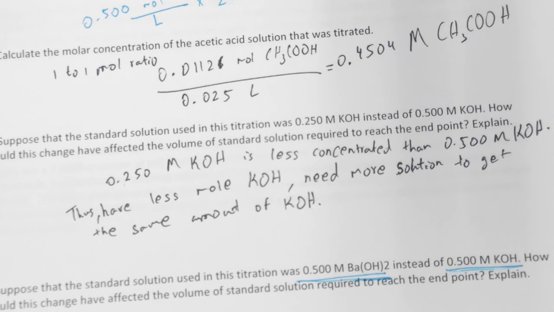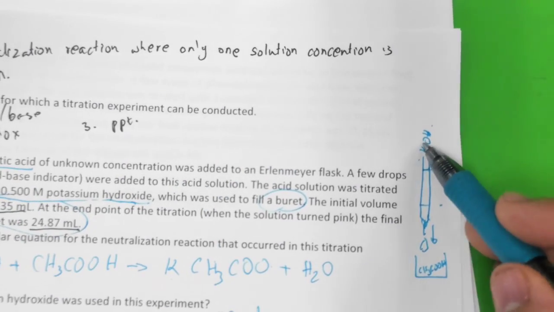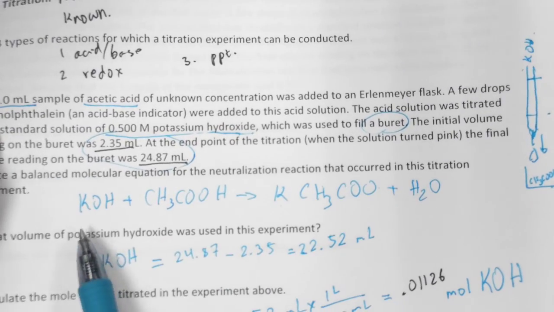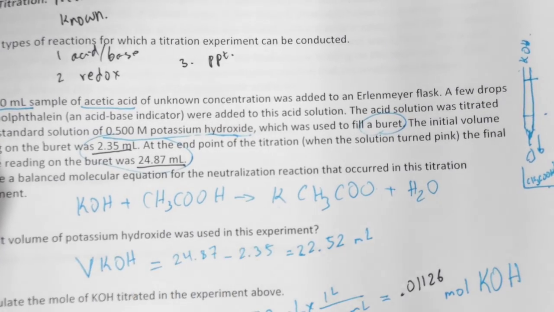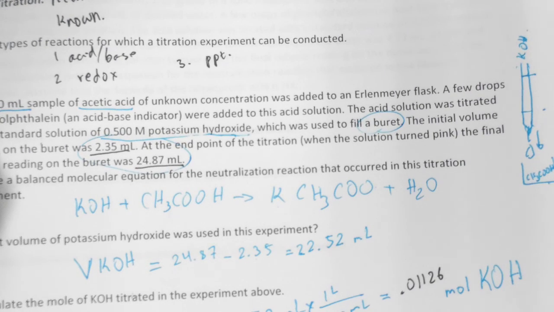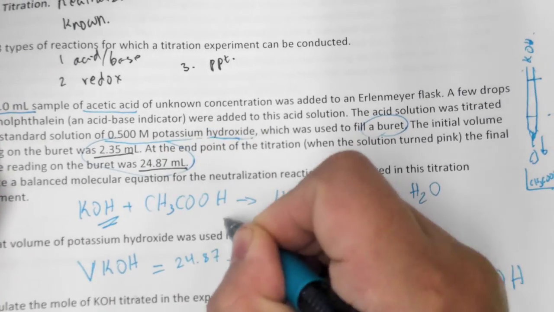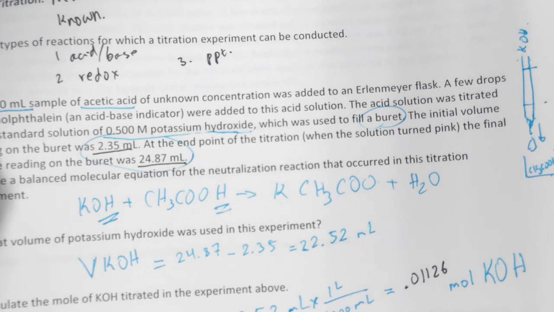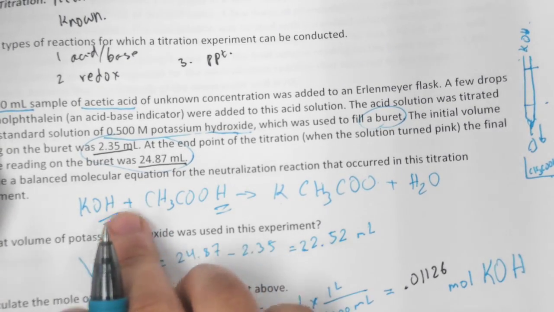Trick question. When you're neutralizing, what is being used? No, not produced. What is being used in a neutralization reaction? What is being neutralized? Take a look at KOH and CH3COOH. Which one is being neutralized? Which one is being used to neutralize? Which one was our key player? Hydroxides, OH here, right?